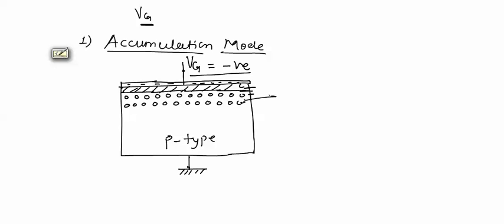This is nothing but accumulation of holes when negative potential is applied. So a MOS capacitor will operate in accumulation mode when a negative gate potential is applied, that is Vg is negative.